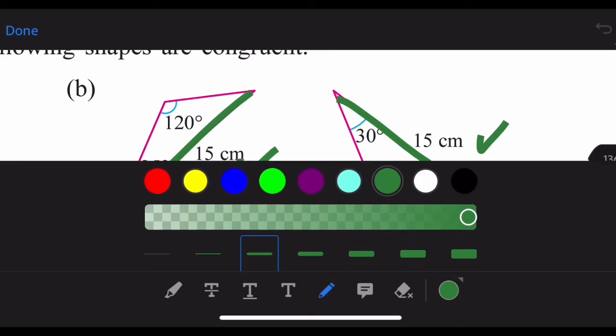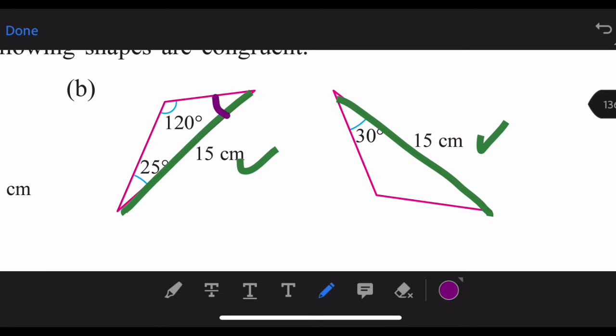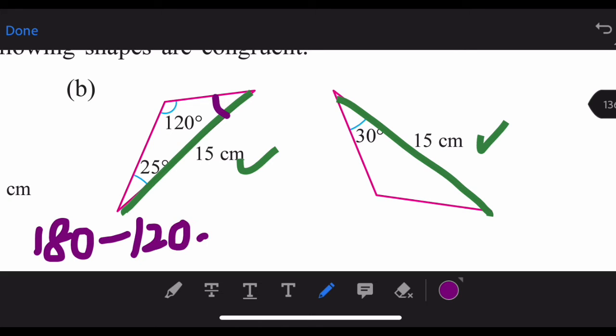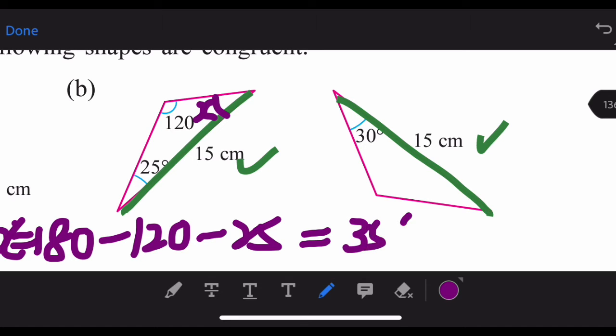If we try to find this angle, let's say this is x, it is 180 minus 120 minus 25. So x is equivalent to 60 minus 25, which is 35 degrees, right?